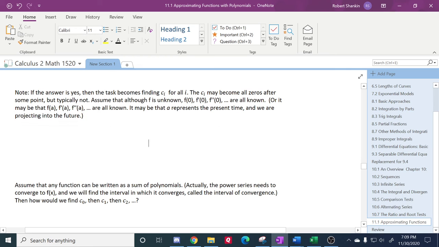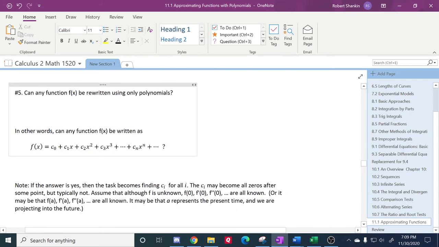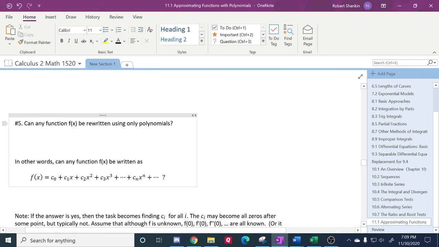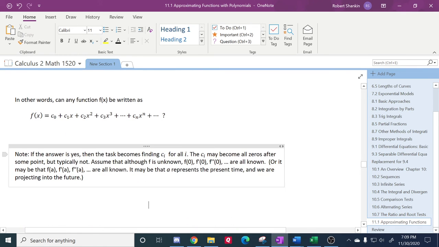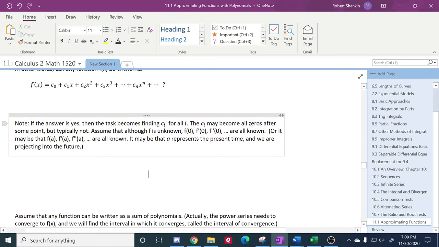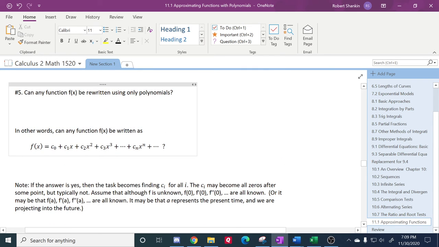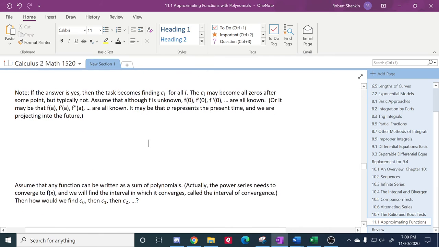All right. So here we said, the question, can any function be written as a polynomial? And if the answer is yes, all we've got to do is find these coefficients. What we're going to do is assume that the answer to this question is yes. Let's just assume that any function can be written as a sum of polynomials.